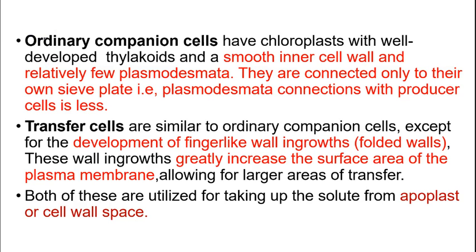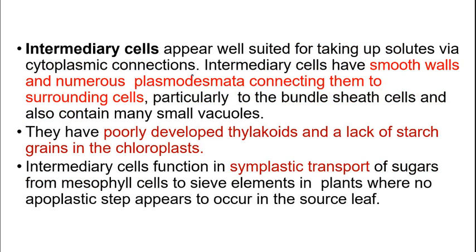Ordinary companion cells have a peculiar characteristic that the thylakoid is well developed. Please note down all this in your copy. Now we will do a comparative study, instead of going one by one. Ordinary companion cells have well developed thylakoids, but intermediary cells have poorly developed thylakoids.